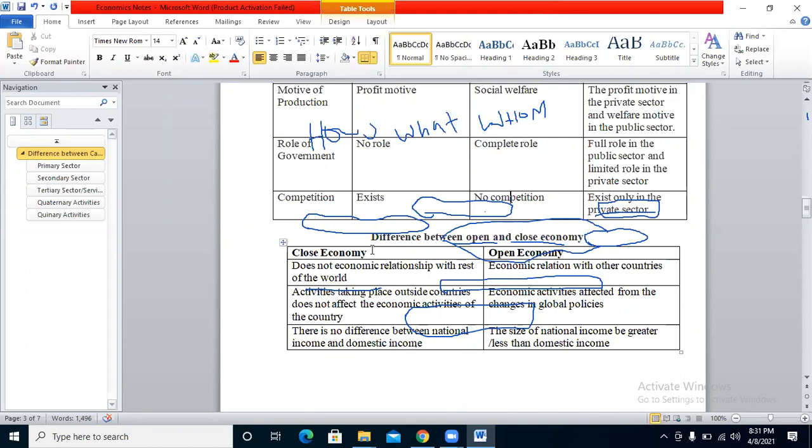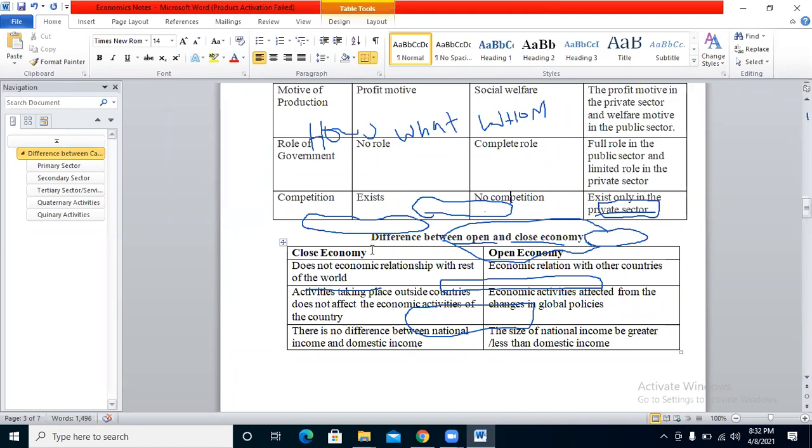We are doing economic activity within the territory of the country, not beyond it. While in the open economy, there is economic relation with other countries, and in a closed economy, activities taking place outside the country do not affect the economic activity of the country.